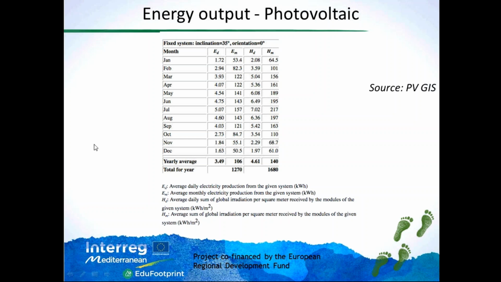So in this case, from 1 kilowatt of photovoltaic, so we put a photovoltaic plant of 1 kilowatt as a power, we have as an output 1,300 more or less kilowatt hours per year. So this is really the most important parameter which gives us the energy yield.